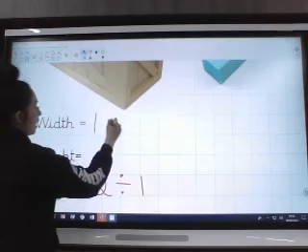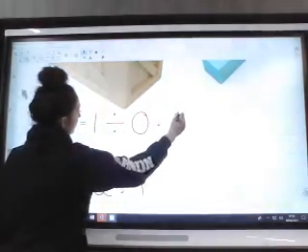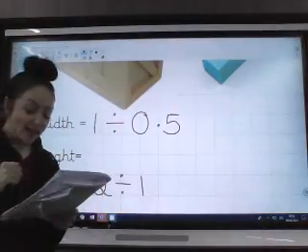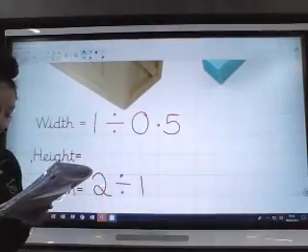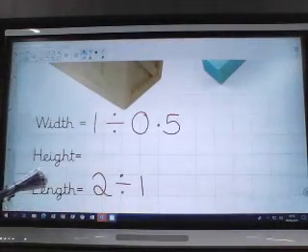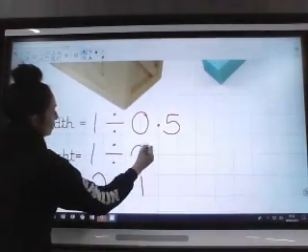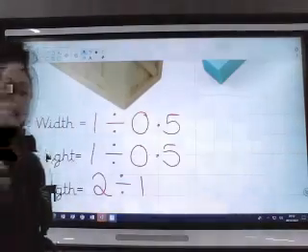You need to do 1 divided by 0.5. And then you need to do the same for the height. For the height, it was the same measurements. So you need to do 1 divided by 0.5.